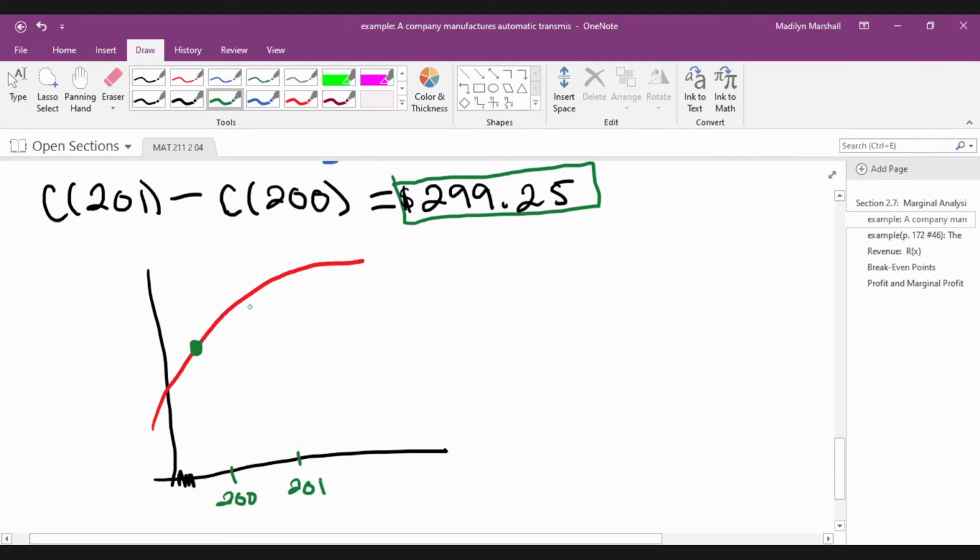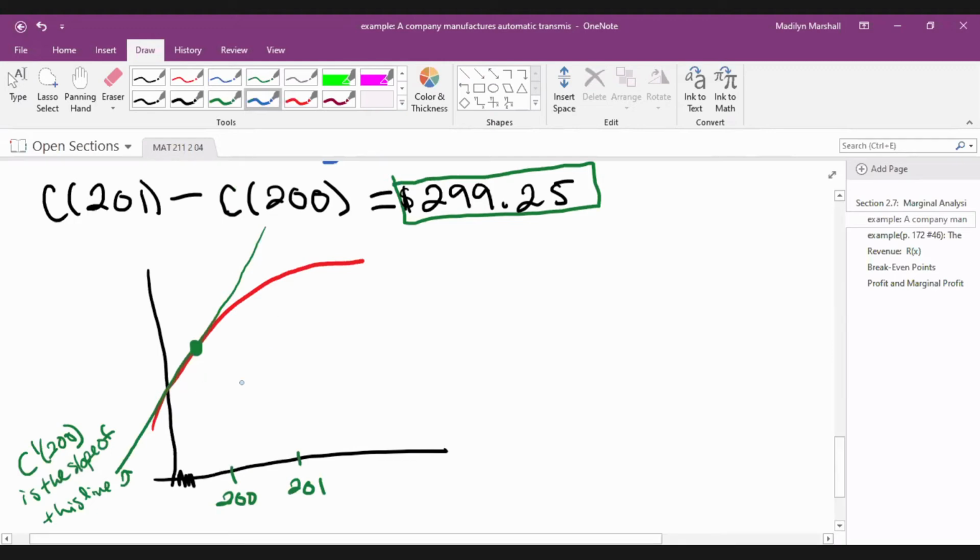So our C prime of 200, our marginal cost function, is telling us the slope of this tangent line. C prime of 200 is the slope of this line, because that's the tangent line that's touching right at 200.